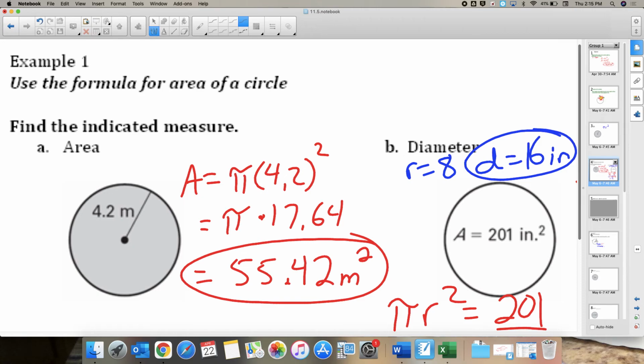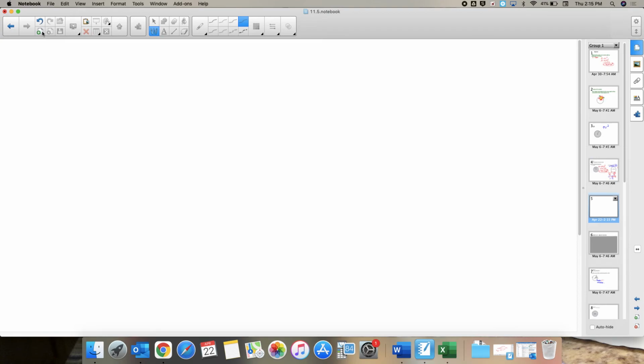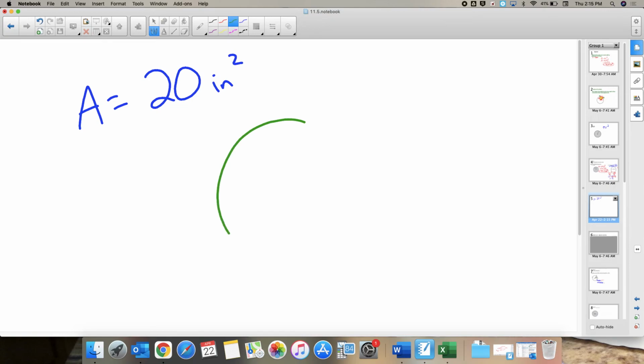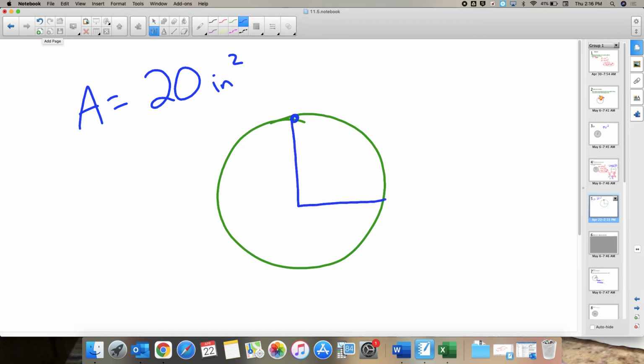Now, as far as finding the area of a sector then, just like we did in finding the length of an arc, we're going to be talking about part of our circle. So, for example, if I have the area of my circle being, we'll just do something nice and easy, 20 inches squared. Well, if I take a look at a circle, the area of that circle is 20 inches squared, and I want to take 1/4 of my circle.